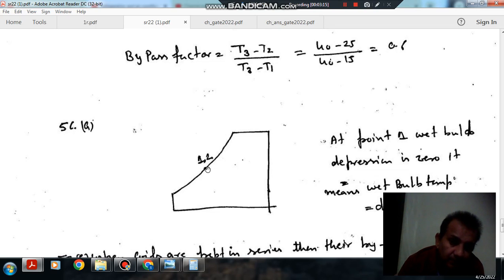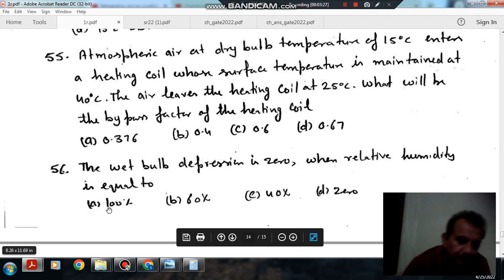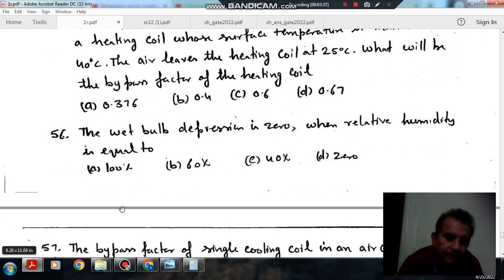So dry bulb temperature and wet bulb temperature are the same, because wet bulb depression is dry bulb temperature minus wet bulb temperature. So this is 0. This happens when the point is on the 100% relative humidity line. So the answer is option A.